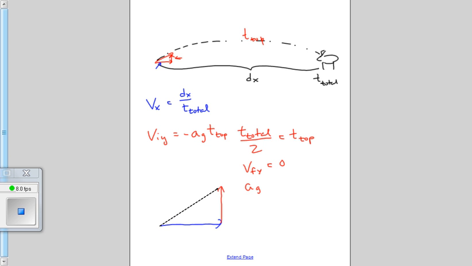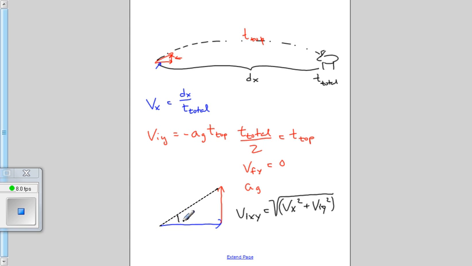Finding that velocity is now simply a matter of taking the square root of Vx squared plus Viy squared. Be sure to find that entire quantity before taking the square root.